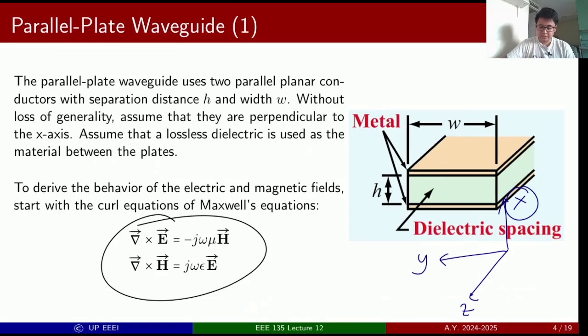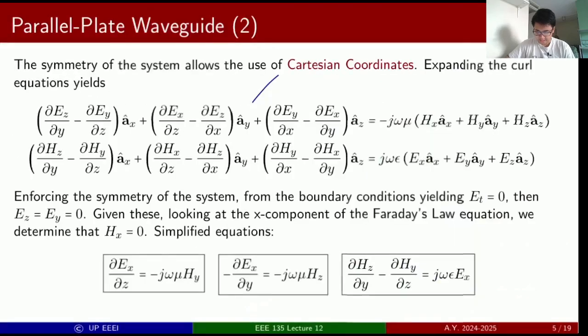Okay, if you enforce the boundary conditions for a static electric field, you'll notice that the tangential components of your electric field disappear because of the property of your conductor. So with that, the electric field will only exist in the x direction. You enforce that, then a lot of these terms will disappear actually.